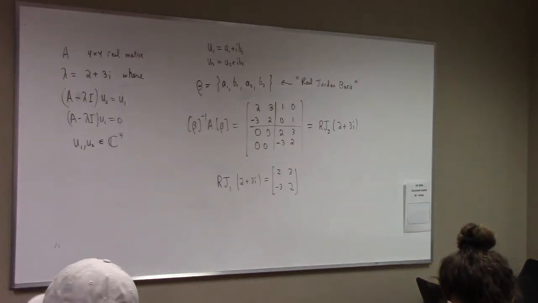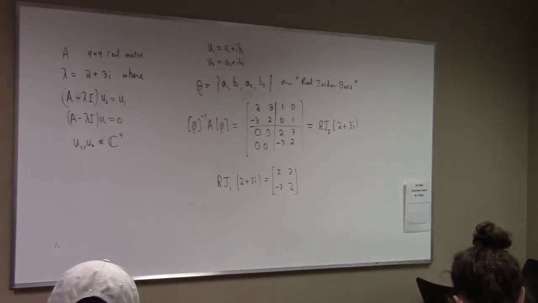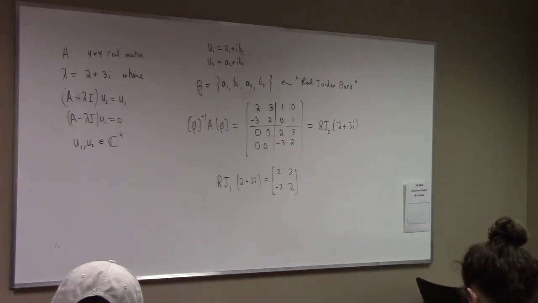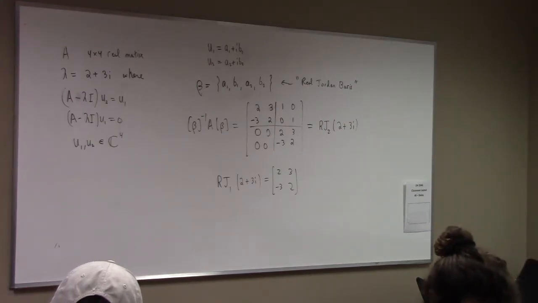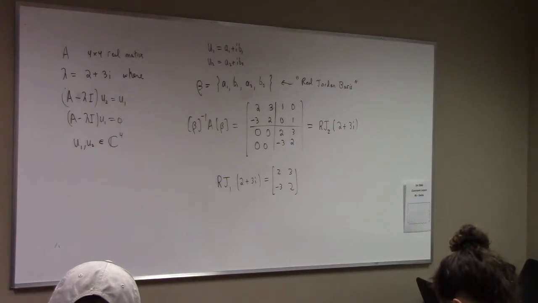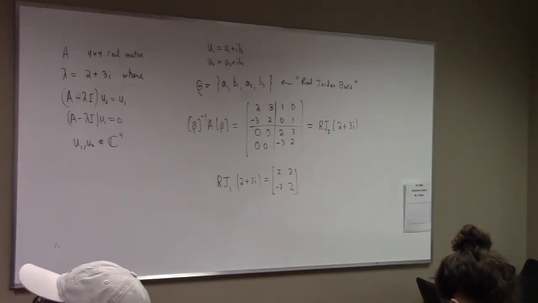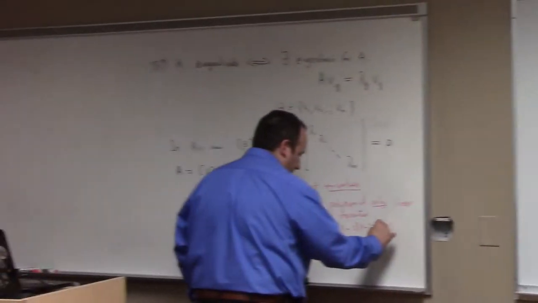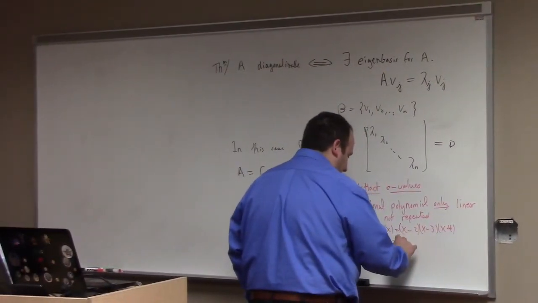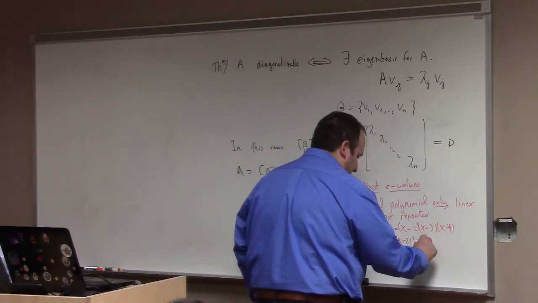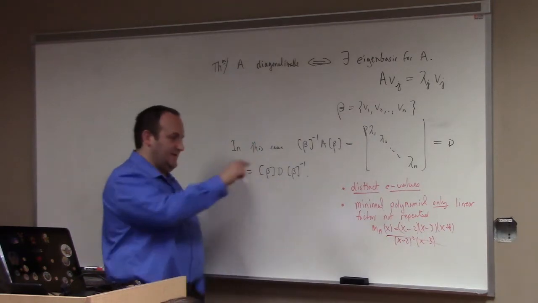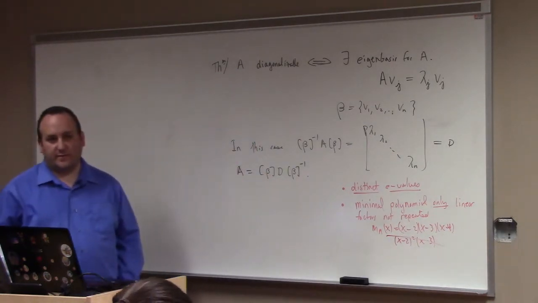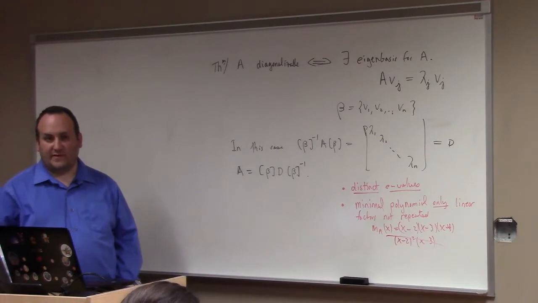Minimal polynomial, only linear factors, not repeated. In other words, x minus 2, x minus 3, x minus 4, okay. But if we had x minus 2 squared, x minus 3, no good. Not diagonalizable, because that x minus 2 squared comes from a 2 by 2 Jordan block, is my thinking.